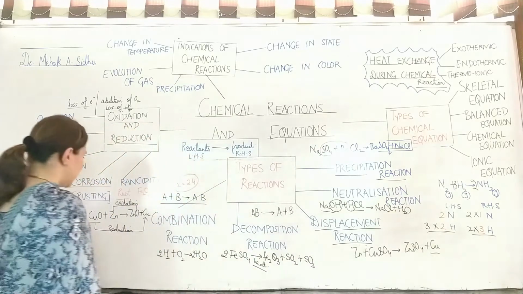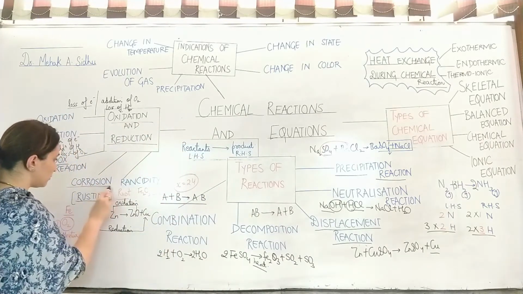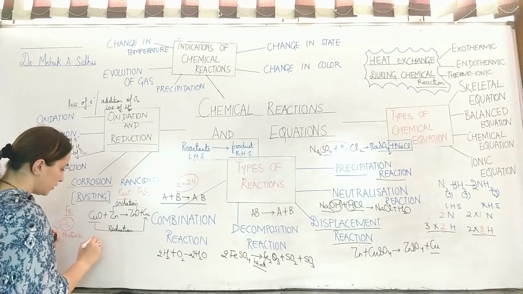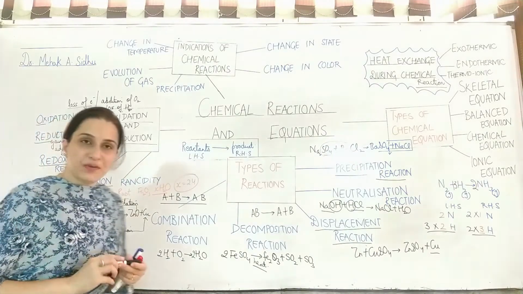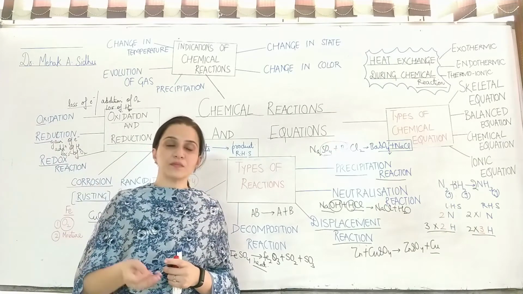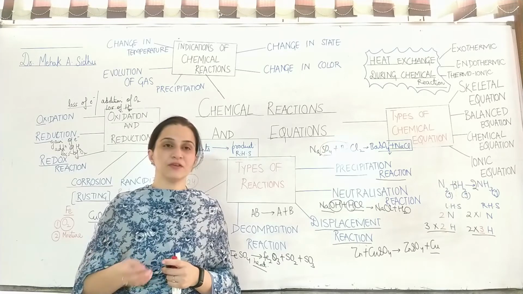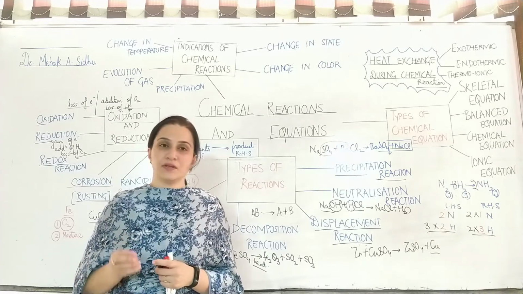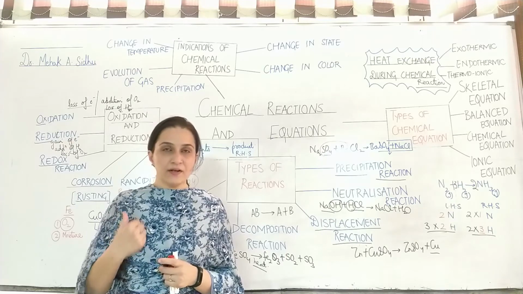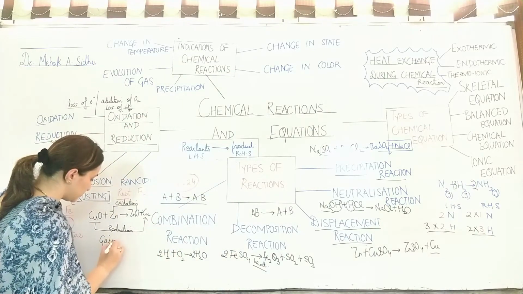Now what are the methods by which we can prevent rusting? There are a few methods by which we can prevent the rusting or corrosion process: by painting, by oiling, by galvanizing, by anodizing. This galvanization process is very important.